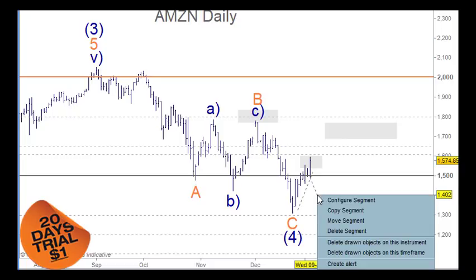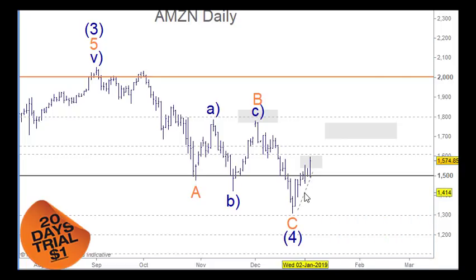So a move a little bit higher in here will help confirm that this wave 4 is in place here. It's not confirmed yet. I'm just sort of shooting the breeze here a little bit, but that's the way that we can look at that.